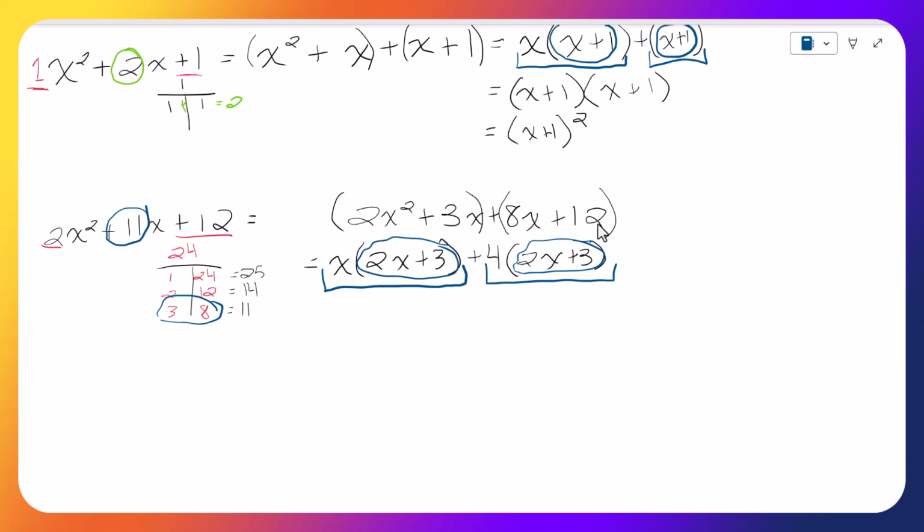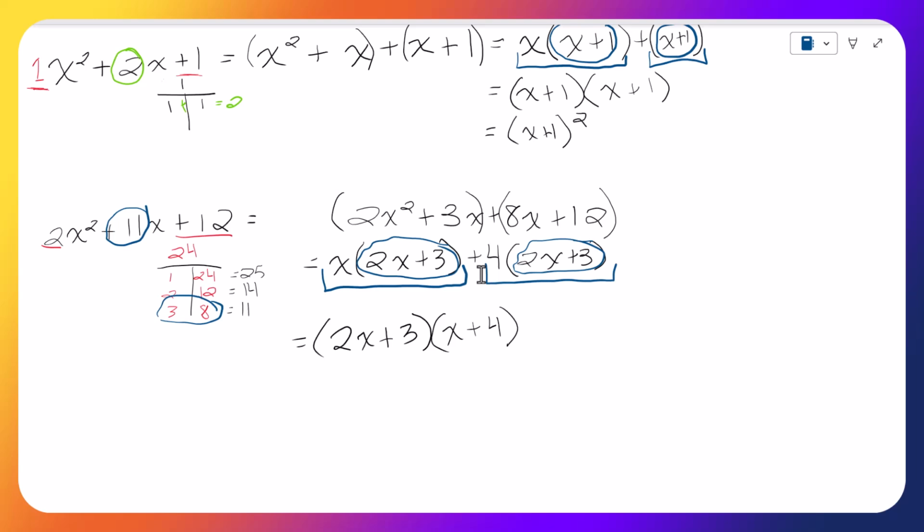That probably means we're doing good stuff. And so we pull out the 2x plus 3 because they have the greatest common factor of 2x plus 3. And what did we leave behind? Well, we left behind our x, and we left behind a +4.